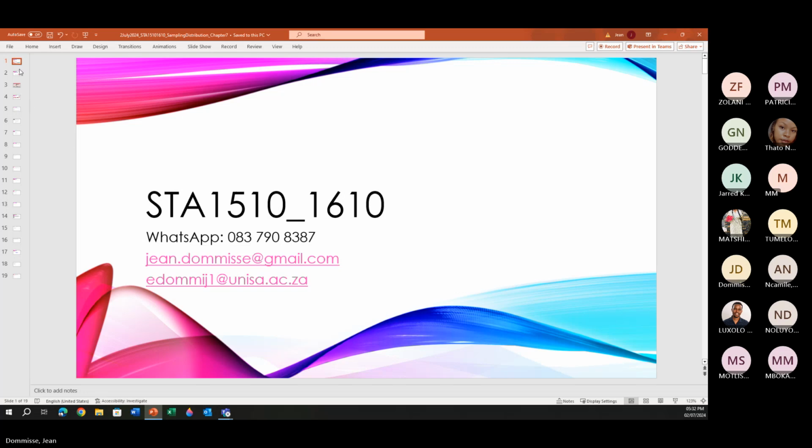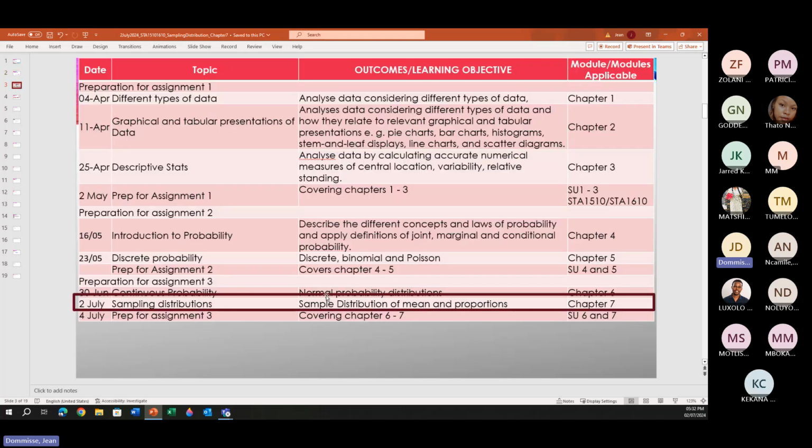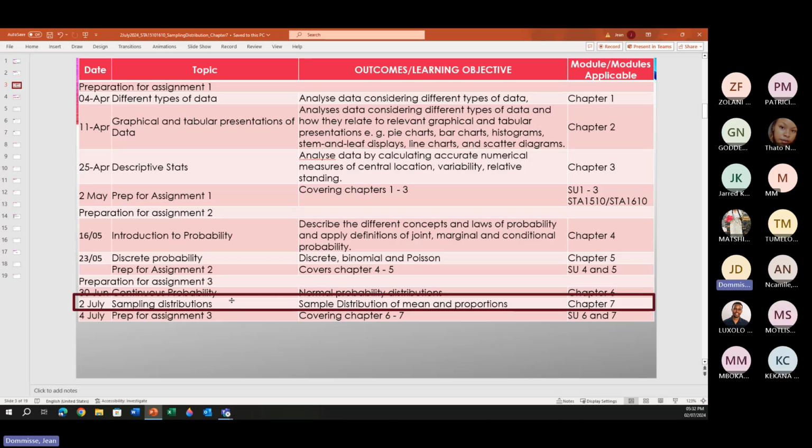Okay, so today we're going to focus on chapter 7. It's nearly the next step from looking at the normal distribution. In chapter 6, we started looking at the normal distribution, but we were looking at it more from a population standard.